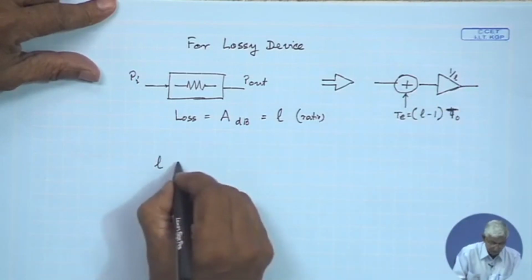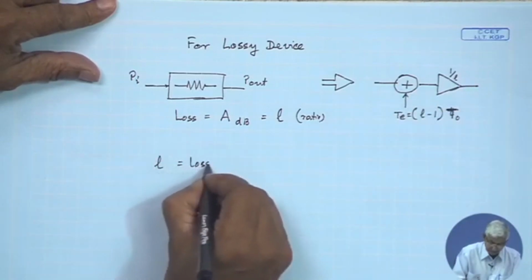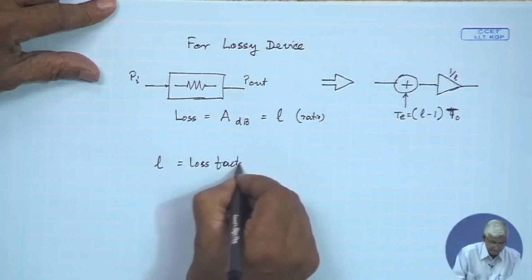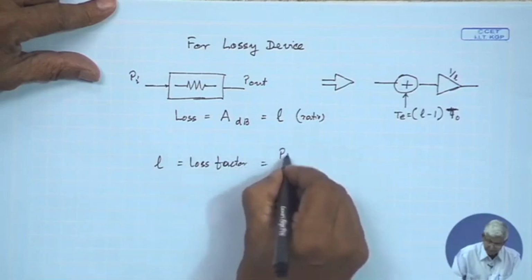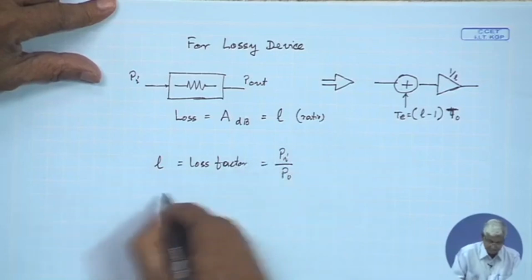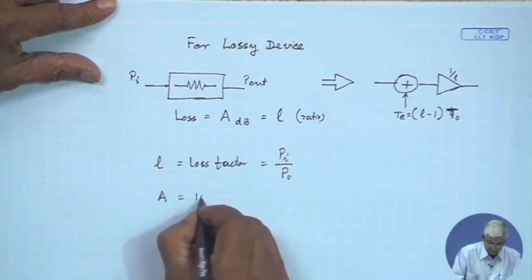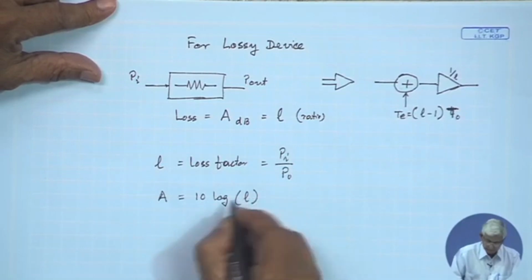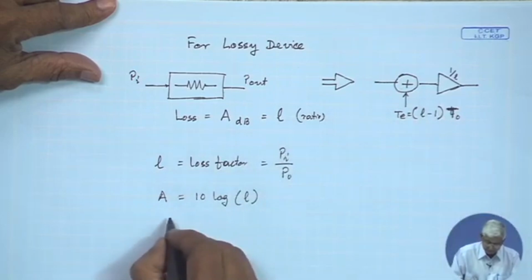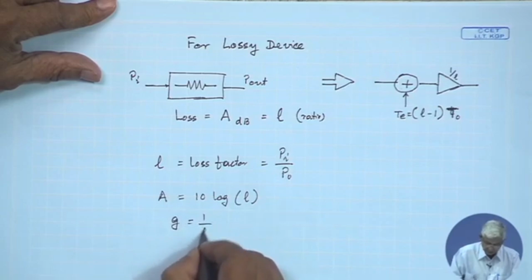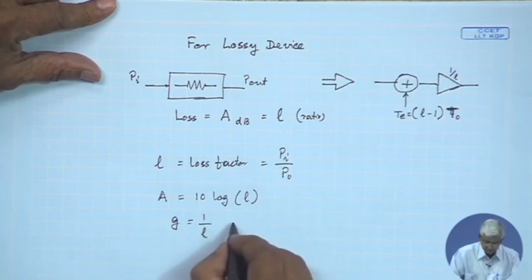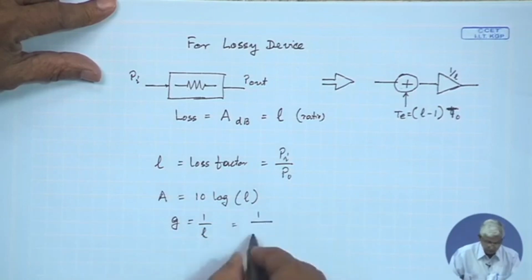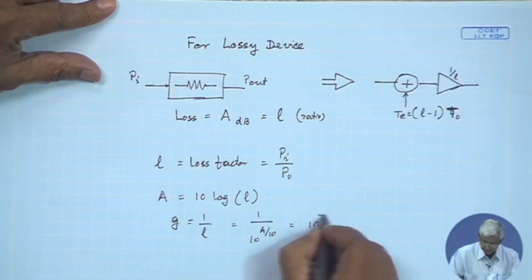So, L, small l, is called the loss factor, which is P I by P O. The A is 10 log of L, and obviously the gain in terms of ratio, small g, is equal to 1 by L, which is 10 to the power minus A by 10.